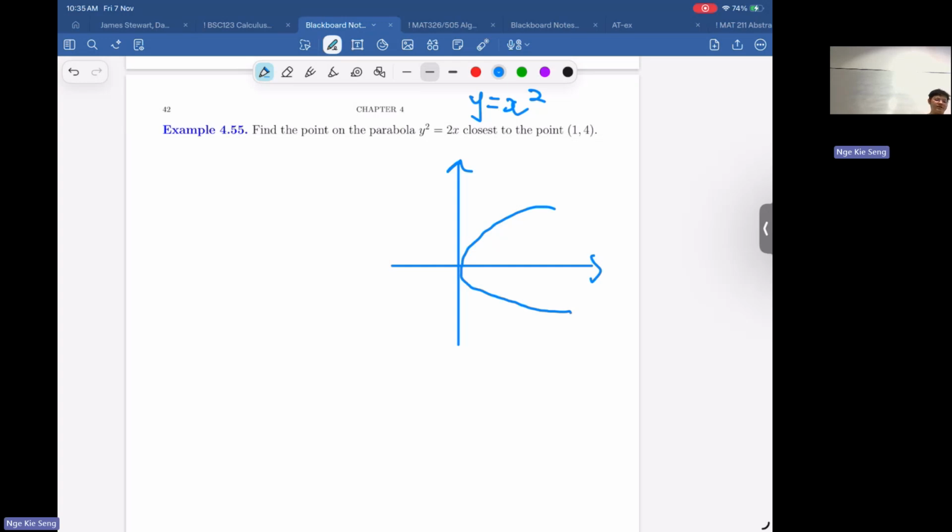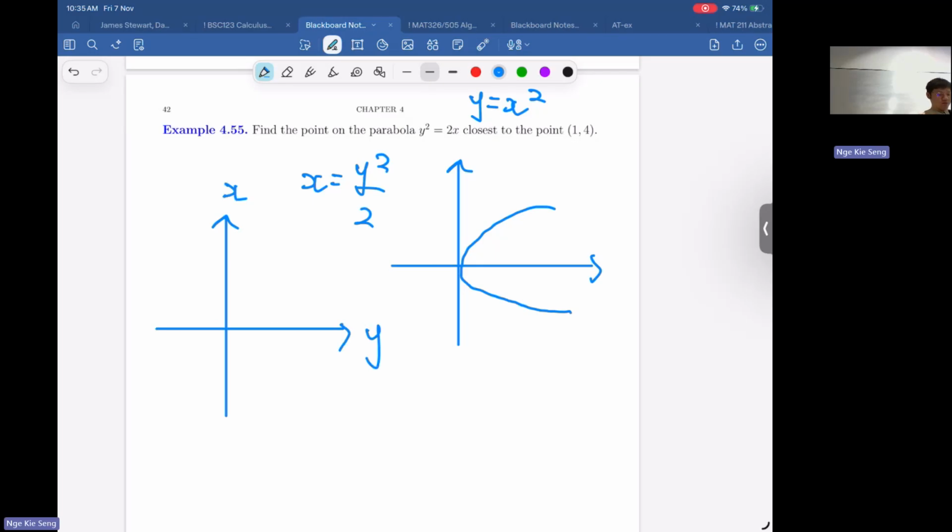One way to think about it is you can rewrite your function as x equals y squared over 2. Maybe it's just by flipping your x and y axes.